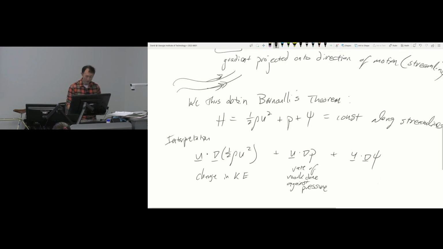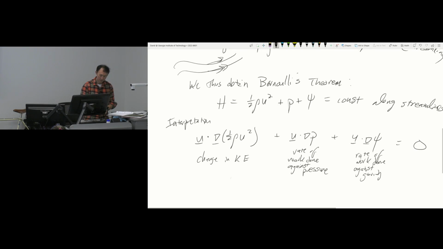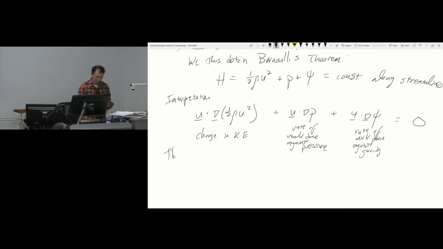What I've done is move the gradient sign into the parentheses, and this is the rate of work done against gravity. Okay, and the sum of these three is 0. This is a statement of conservation of energy.